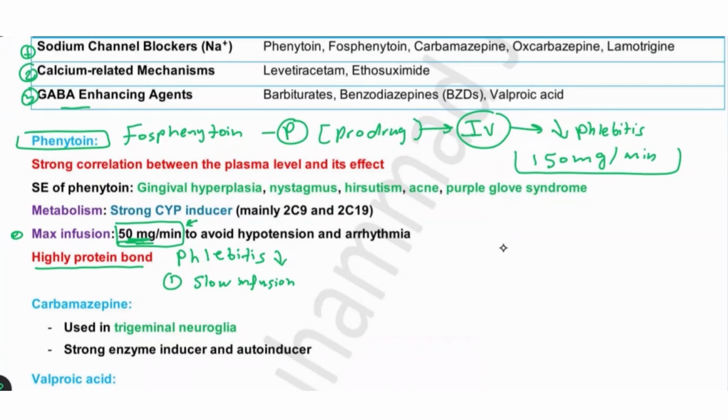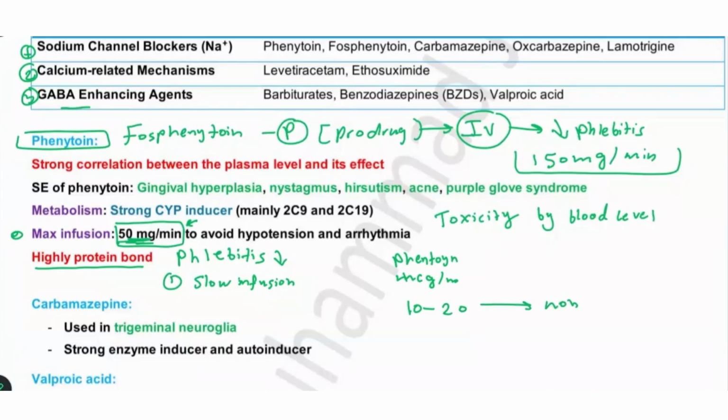So memorize this table, which is the toxicity of phenytoin by blood level. Let's see here the phenytoin blood levels in micrograms per milliliter. Let's say if the level is from 10 to 20, the toxic effect that you expect to see is none, actually, because 10 to 20 is the ideal therapeutic range of phenytoin.